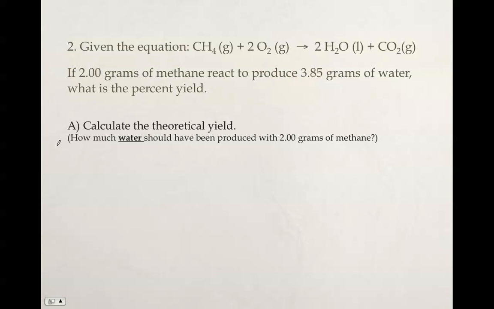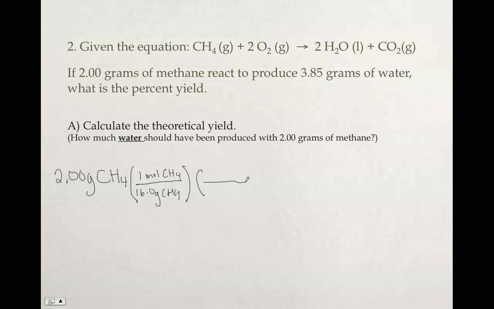I'm going to start with my given value. So I have my 2 grams of methane, and methane is CH4. That's one of those common names that you need to memorize. Our first conversion factor, just like before, is going to go from grams of methane to a mole of methane. Those 2 values need to be equal to each other, so we're going to use the GFM of methane. Adding that up, we get 16 grams.